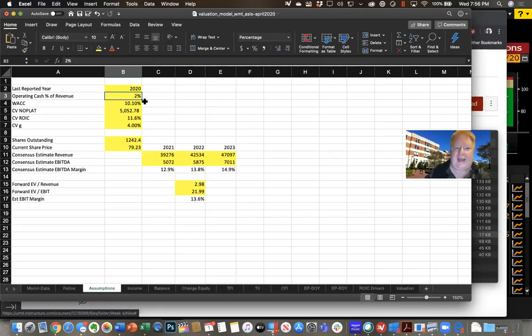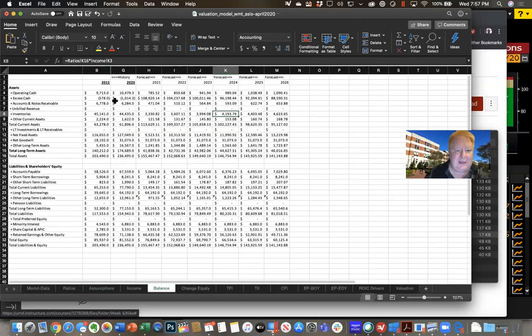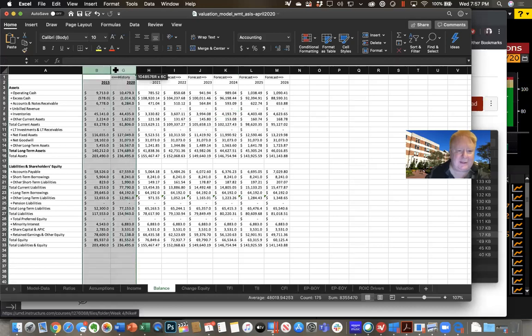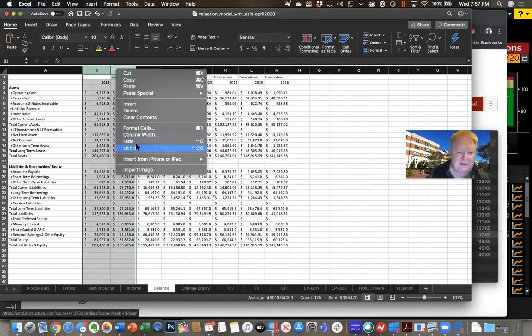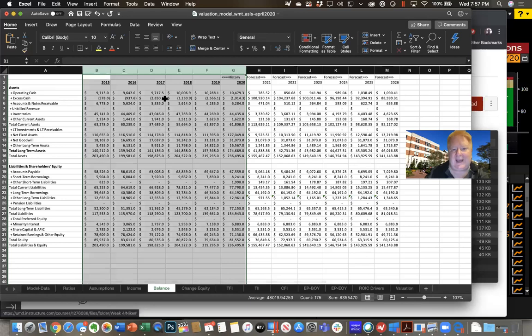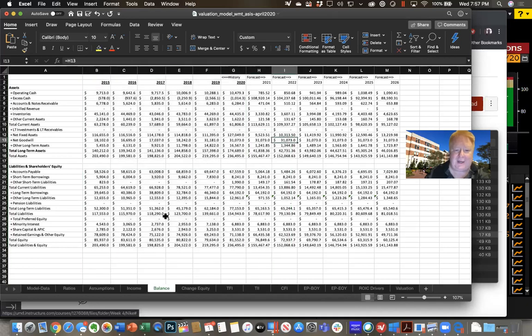Next, cash as a percentage of revenue. You can see on their balance sheet, let me unhide it, that Walmart has negative excess cash historically. The reason is Walmart doesn't keep a lot of cash on hand.